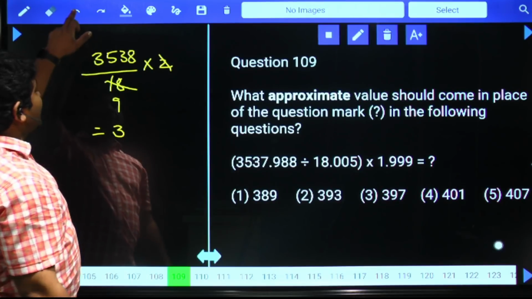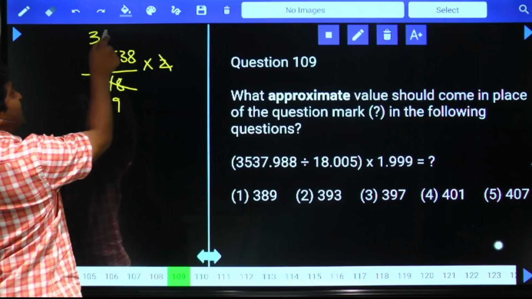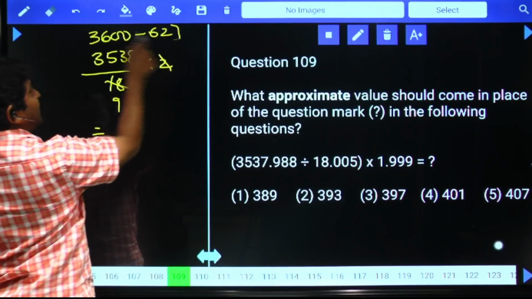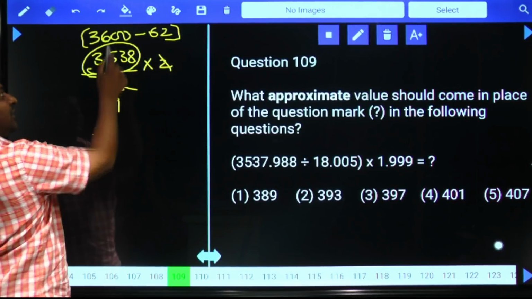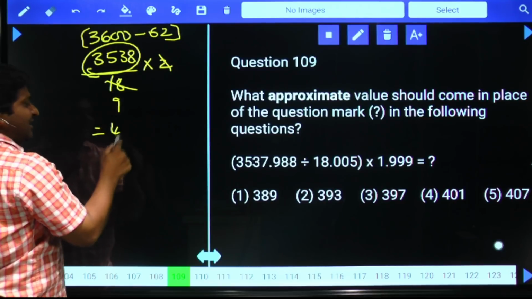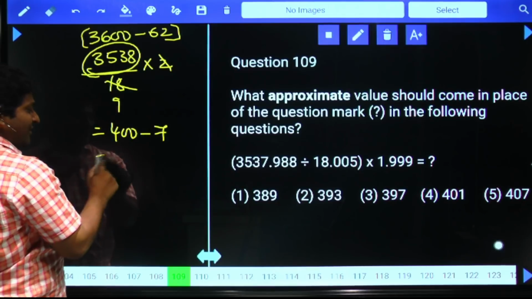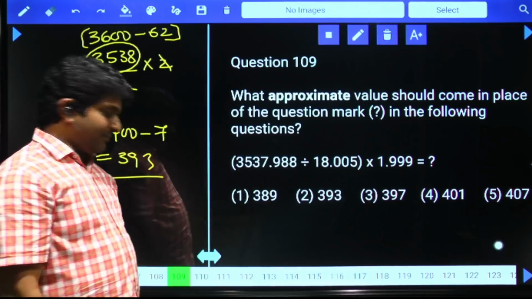The same, you can do one more thing. You can treat this number as, assume it as 3600 minus 62. 3600 by 9 in the sense that is equal to 400 minus 62 by 3 in the sense approximately 7. Answer 393. 393, second option answer.